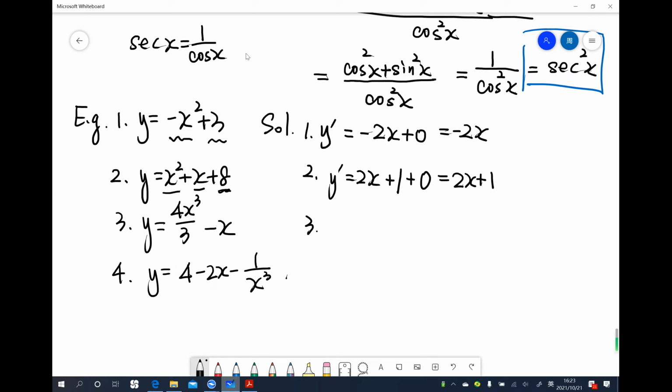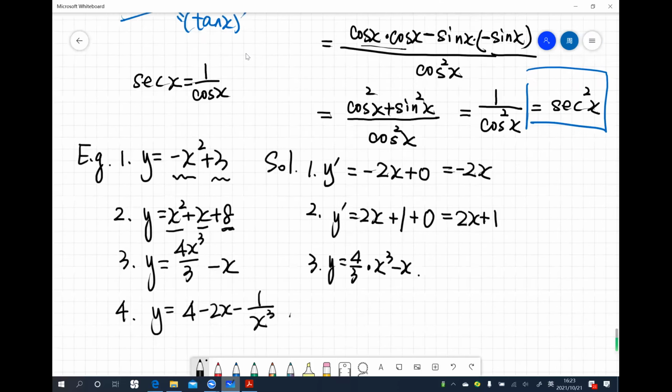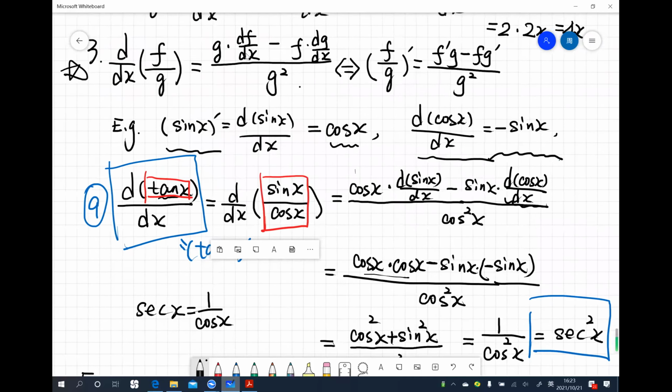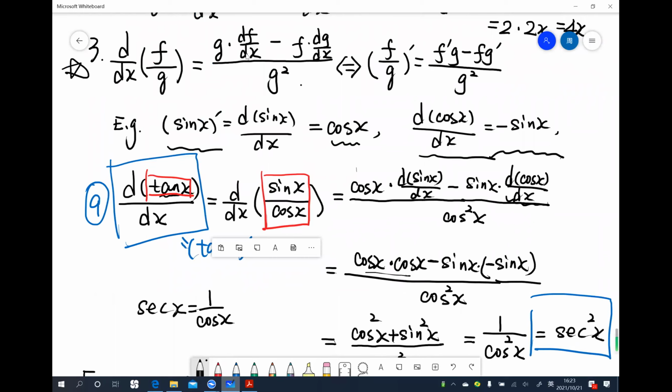the function, you will see that here is a constant times x power 3. So here actually y equals 4 by 3 times x power 3 minus x, right? So here we can use the product rule.